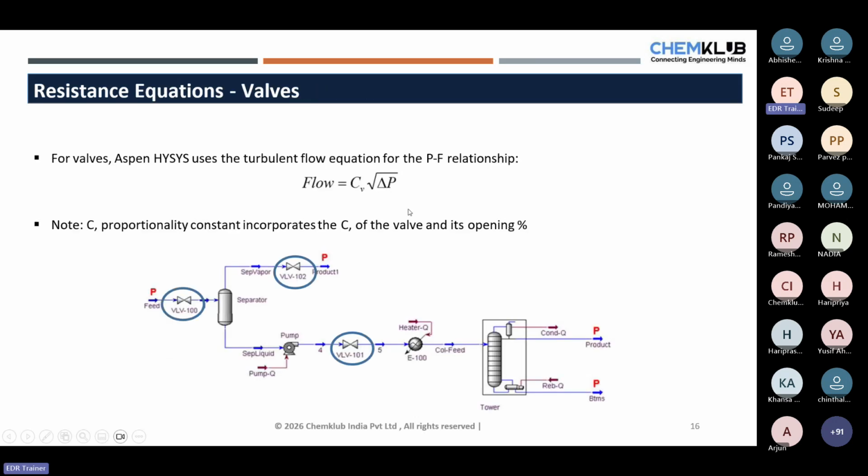Okay. Again, now the valves. Valves are one of the most important dynamic elements. Sometimes when we are developing the steady state simulation, or rather most of the time, we don't give any pressure drops. For vessels and separators, we don't give any pressure drops. In that case, we need to add these valves as resistance equipment into the system.